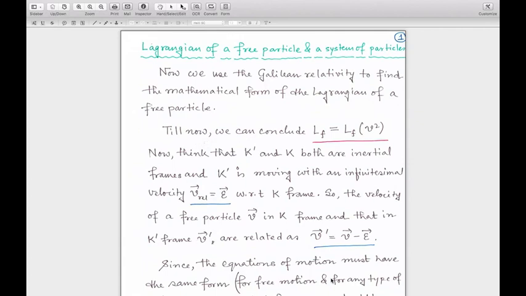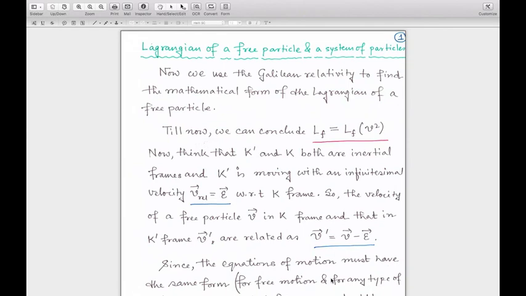In addition, we also defined Galilean relativity, and said that all the inertial frames of reference can move with respect to each other with a uniform velocity, and the motion of a particle with respect to one and with respect to the other can be related using the Galilean transformation or Galilean relativity principle.